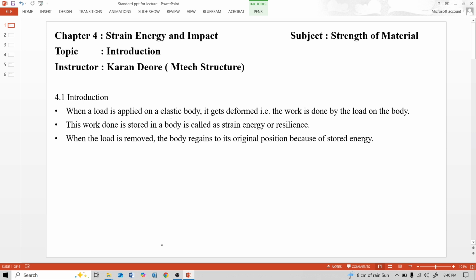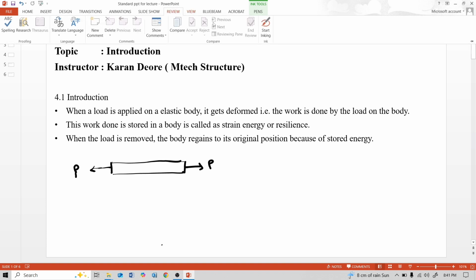When a load is applied on an elastic body, it gets deformed. That means the work is done by the load on a body. Consider this as a rectangular body, and applied tensile force P. Due to this applied load P, there is deformation in this body.